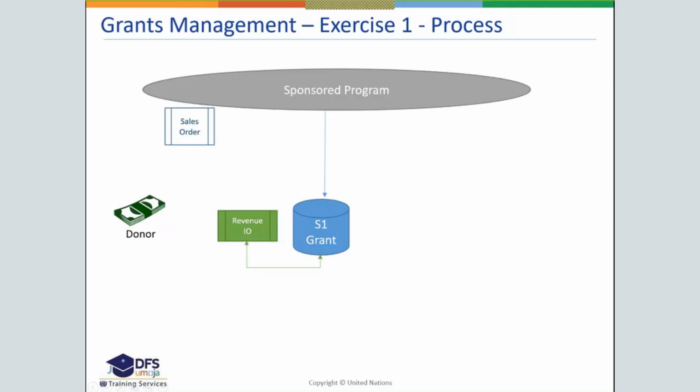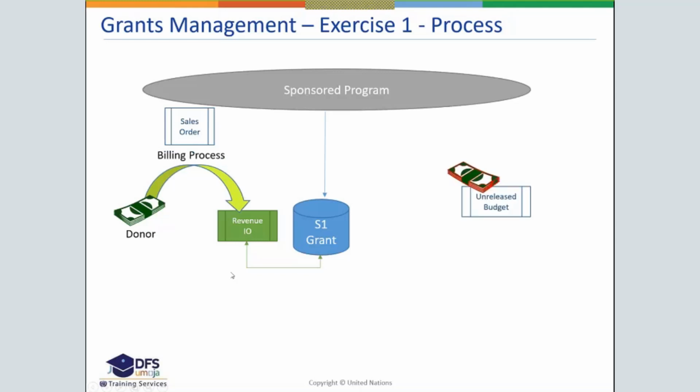We will not have to create it anymore. Once we have this sales order in place and the status of the grant is operational, we are able to bill this money as a receivable in Umoja, and we will use this revenue internal order.